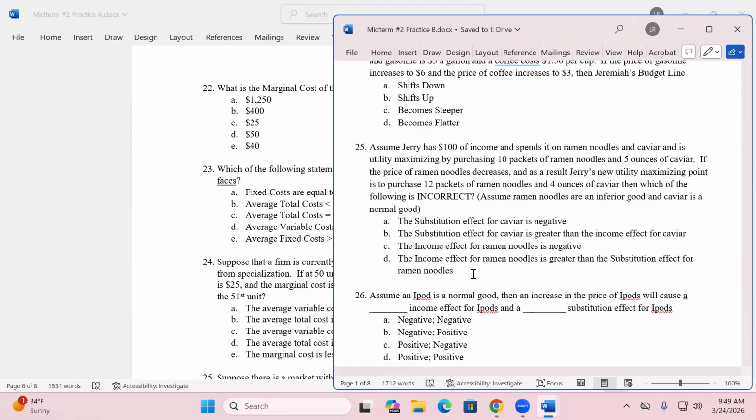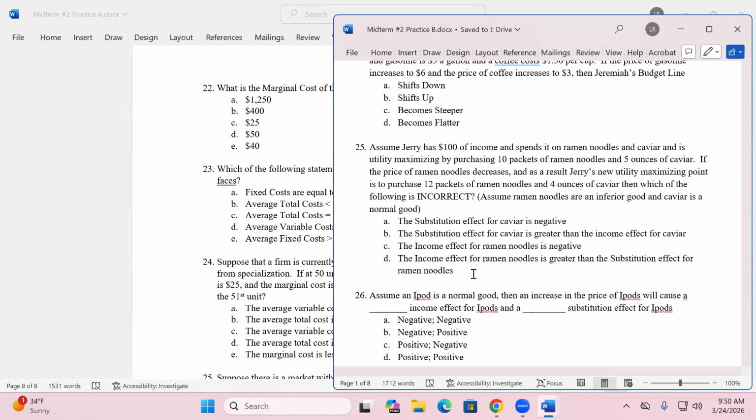So the substitution effect is simply that I buy more of whatever is relatively cheaper, less of whatever is relatively more expensive. So what happens from the substitution effect to these two goods? If ramen is cheaper, I'm going to buy more of it, or increase the amount I'm buying. For the other good, it is now relatively more expensive, right?